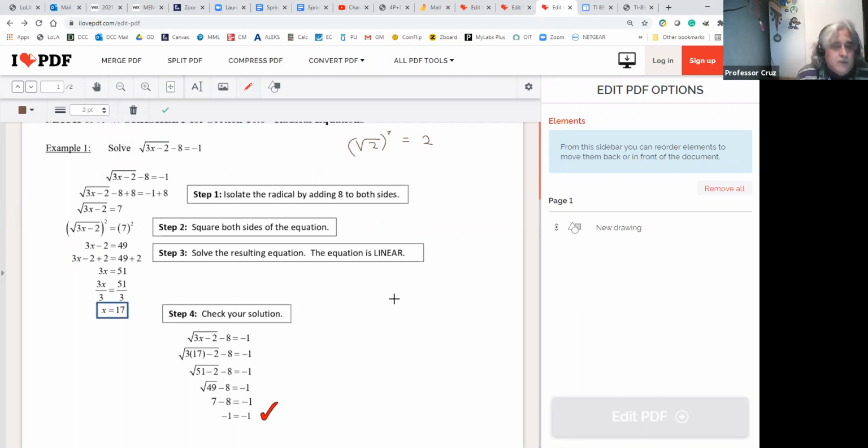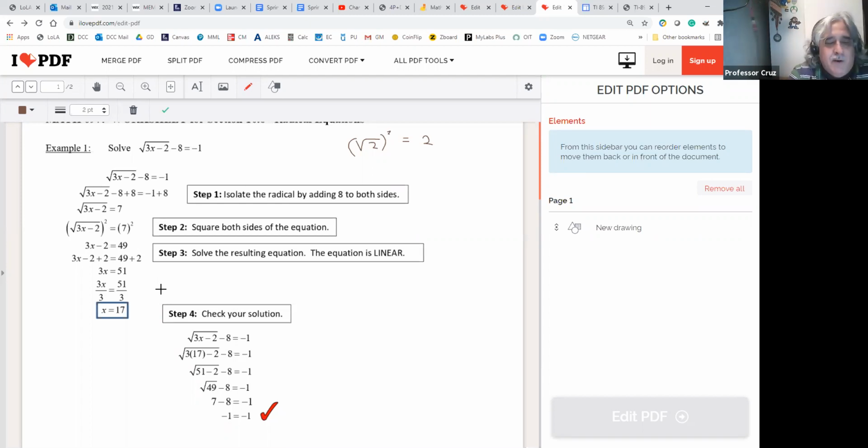First of all, you don't want to do this if you've got other things besides the radical over there. So in this case, there's a negative 8. The first thing we've got to do is add 8 to both sides so that the square root of 3x minus 2 is by itself. And at that point, you square that, and you also have to square the right side, doing the same thing to both sides. So this just pops out, 3x minus 2 is equal to 49, 7 squared. And then you solve it, just like a regular linear equation.